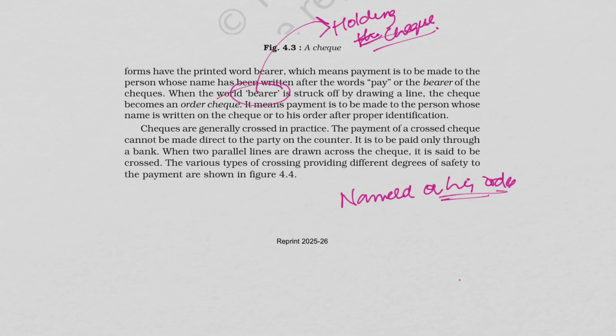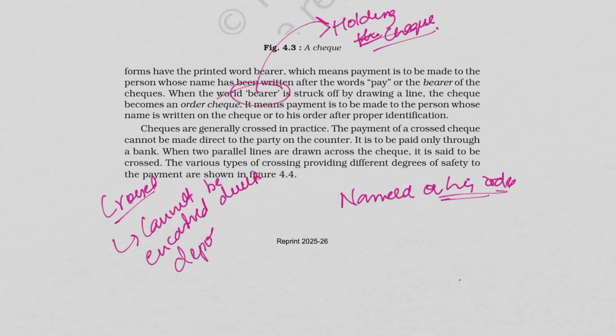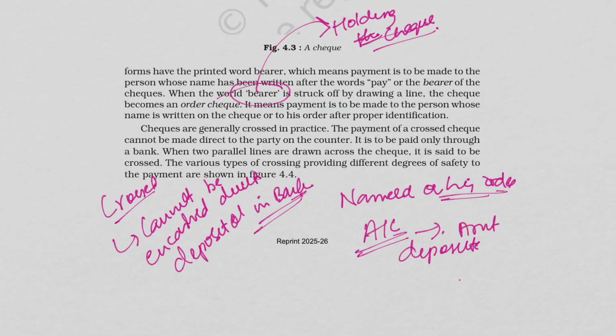A cross check cannot be encashed directly, but must be deposited in a bank. We also have the account payee check. In account payee crossing, the amount is deposited only in the account of the named person.